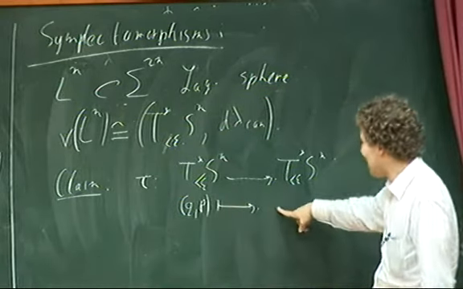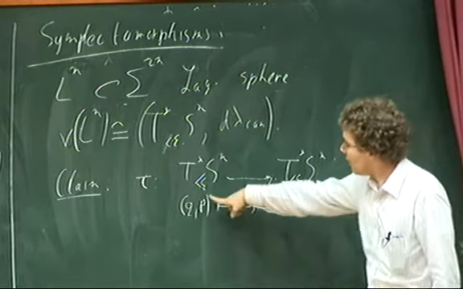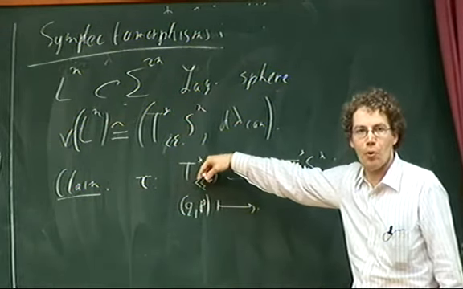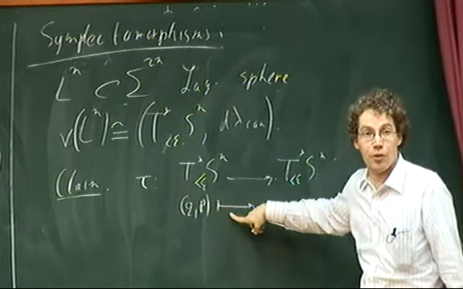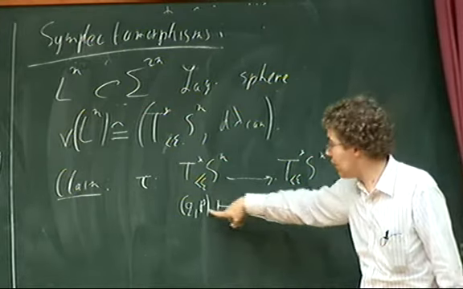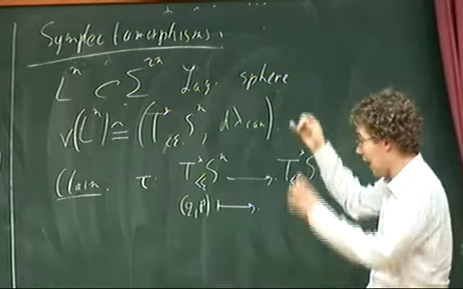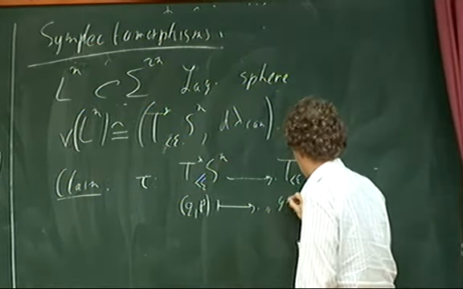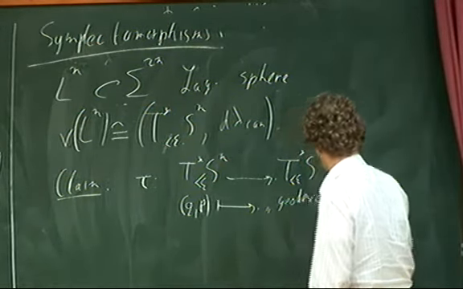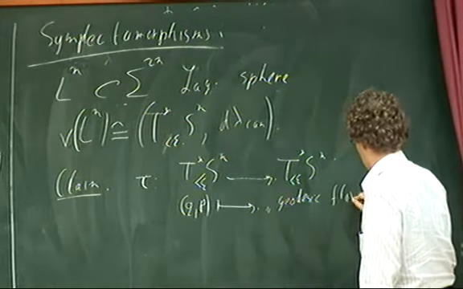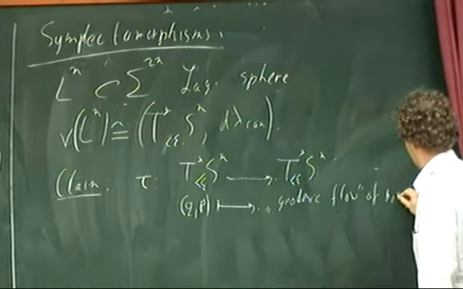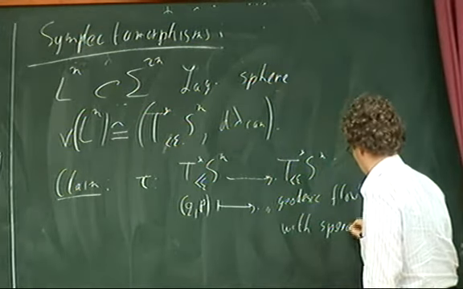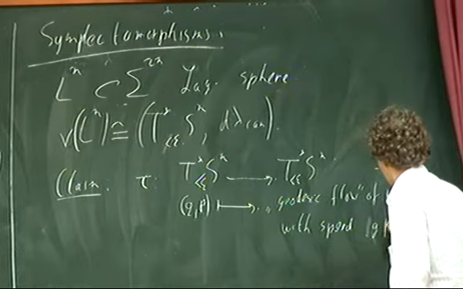But what you do is you take a point, and if you take out the zero section, then you follow the geodesic flow with a speed that depends on the length of the vector p. So this is the geodesic flow of p, q with speed, say, g of p.